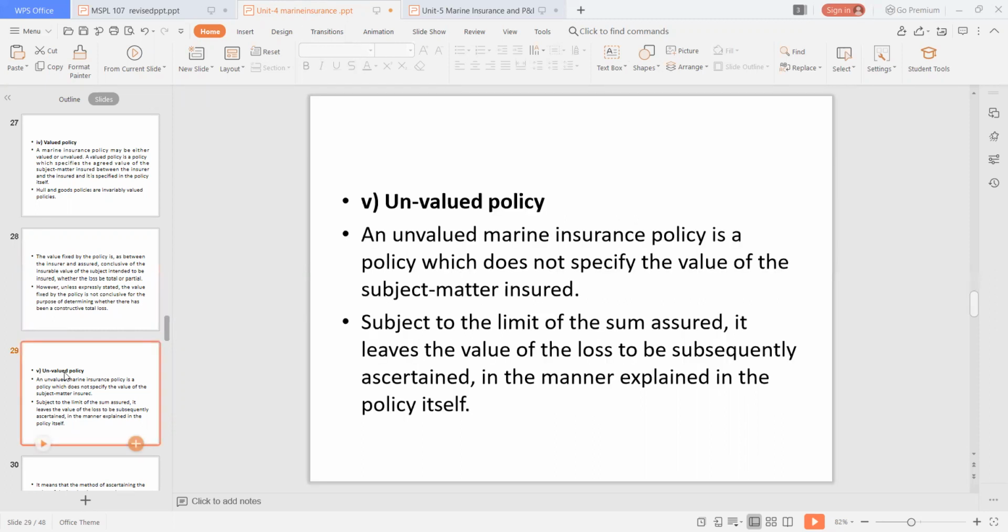Unvalued policy. An unvalued marine insurance policy is a policy which does not specify the value of the subject matter insured. Subject to the limit of the sum assured, it leaves the value of the loss to be subsequently ascertained in the manner explained in the policy itself.